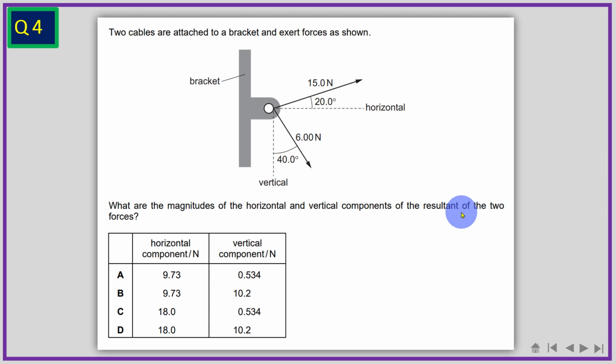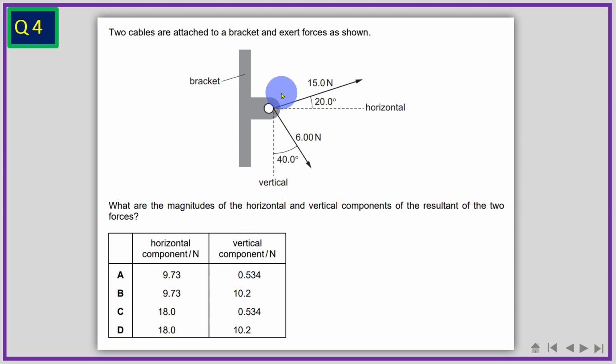The resultant force can be resolved in 2 components. Or in the process of getting the resultant force, we ought to have resolved each one of these forces. So we have been asked the horizontal component of the resultant, which value is it? The vertical component of the resultant, again, which value is it?